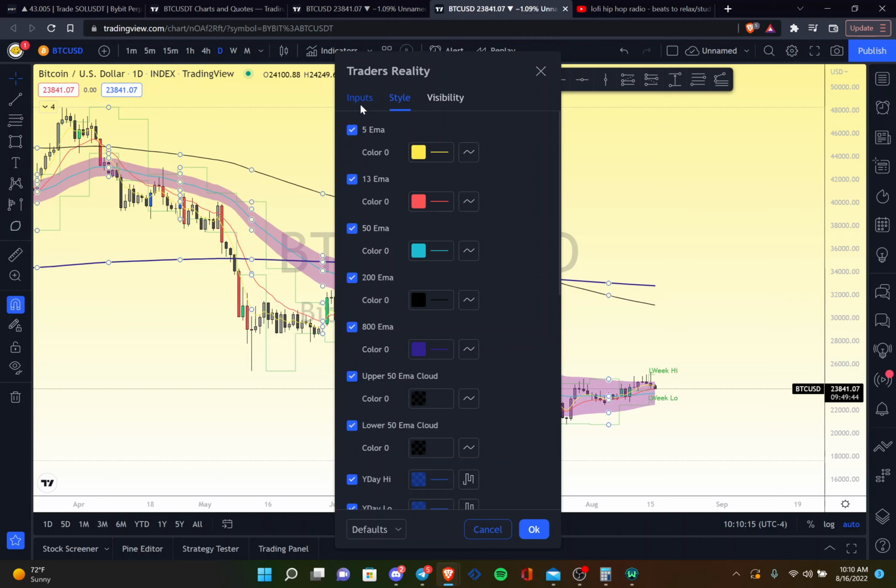Matic is one I actually avoid day trading as well, because just like Mike mentioned, I don't have a good track record with Polygon at all. This is interesting. Yeah, this is why I don't like trading Matic.